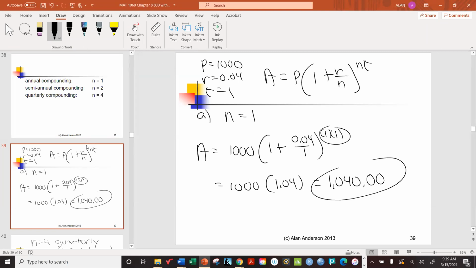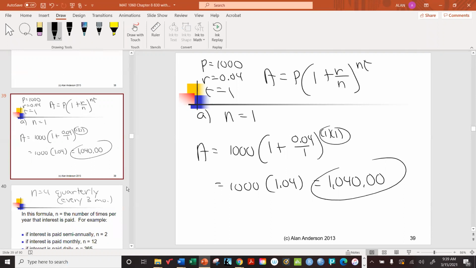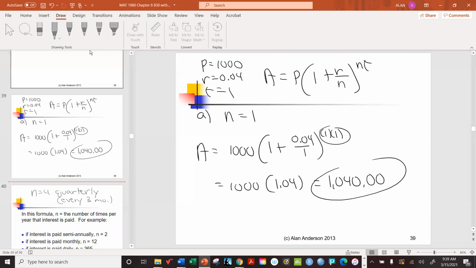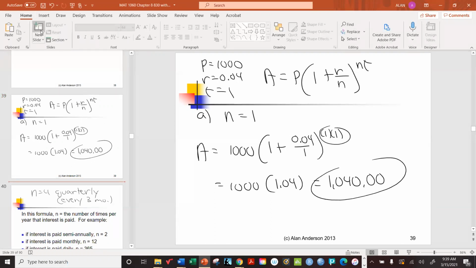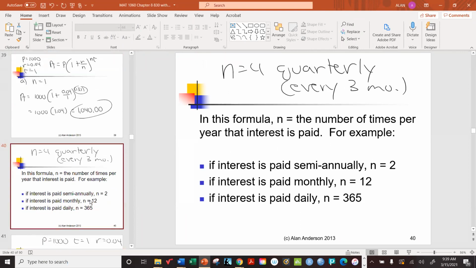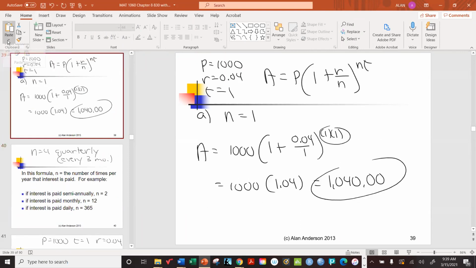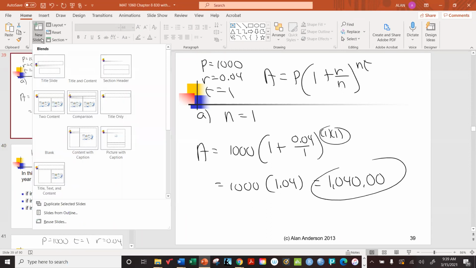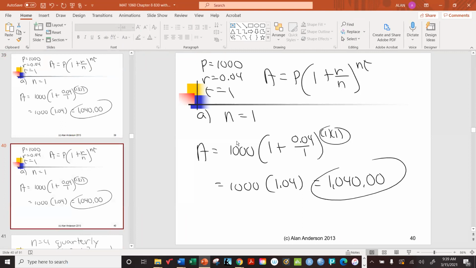All right, now let's try this again for n equals 2. This time it's going to get a little more challenging. This way I don't have to rewrite everything every time.